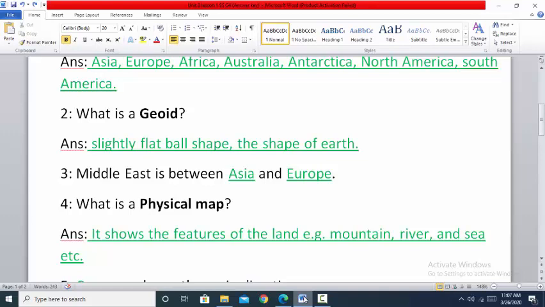Okay, next question. The Middle East is between Asia and Europe. We have countries, for example, Egypt and Saudi Arabia, and different countries. We have the Emirates. We have all the different parts of the Middle East. These countries are very close to Asia; Saudi Arabia is actually part of Asia.